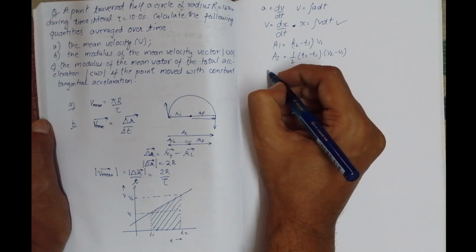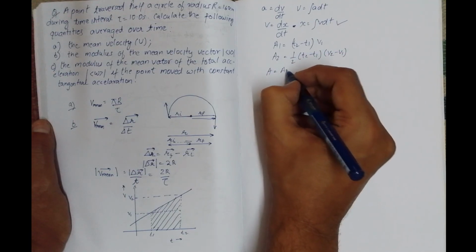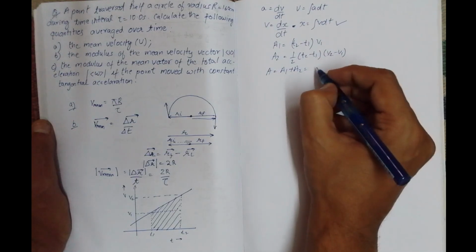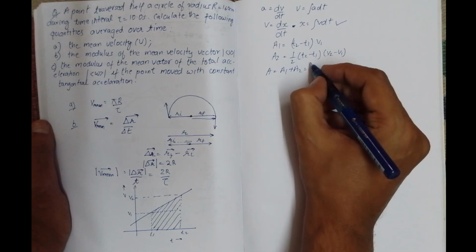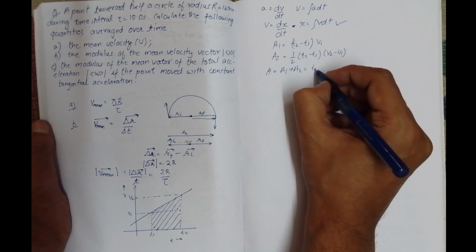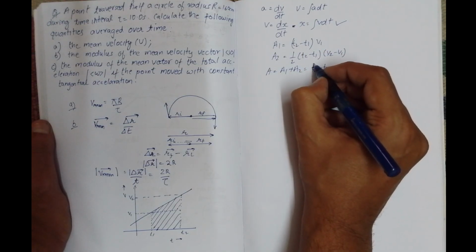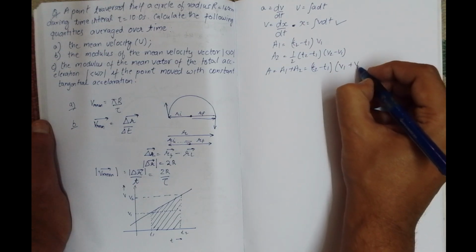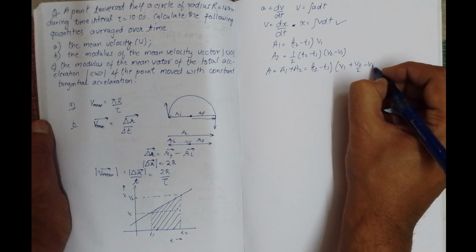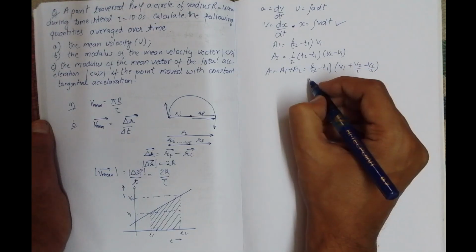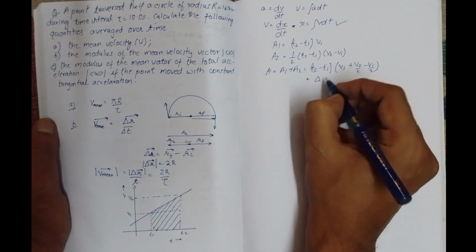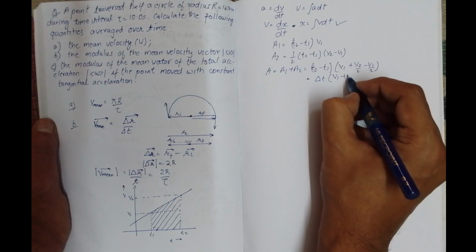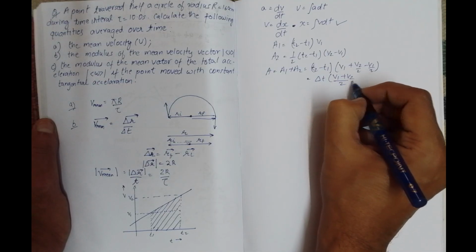So the total area is A1 plus A2. Now take T2 minus T1 common. V1 plus V2 by 2 minus V1 by 2, which will be equal to T2 minus T1, which is delta T, into V1 plus V2 by 2.